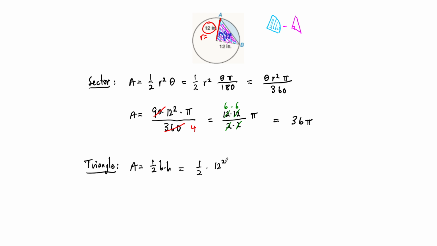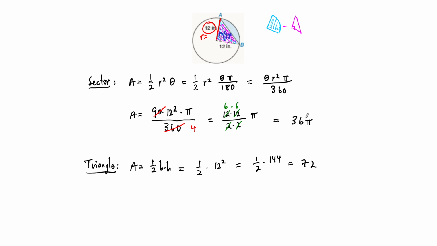Base and height are each 12. So this is going to be 1/2 times 144. That's 12 squared, and half of 144 is 72. So 72 is the area of the triangle.